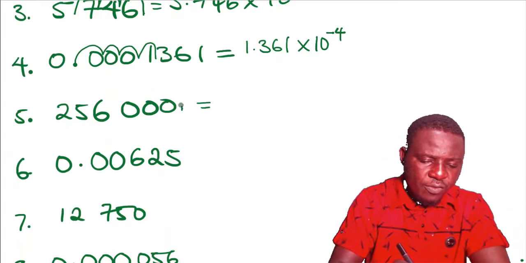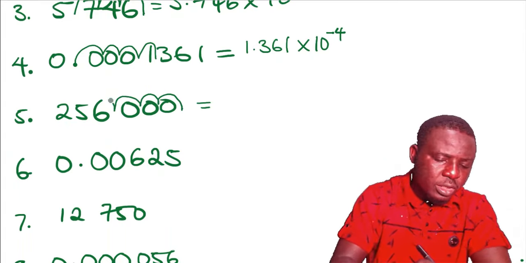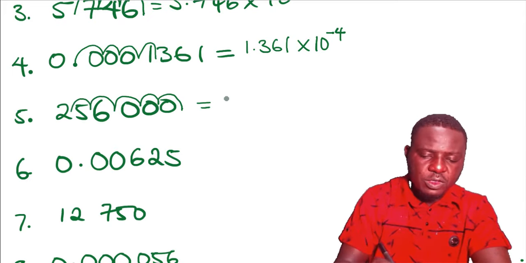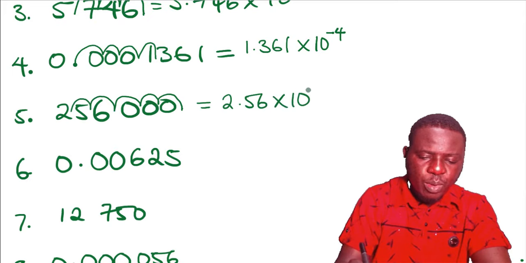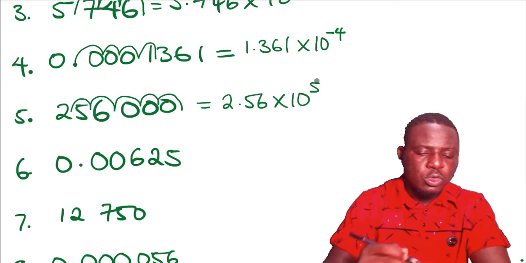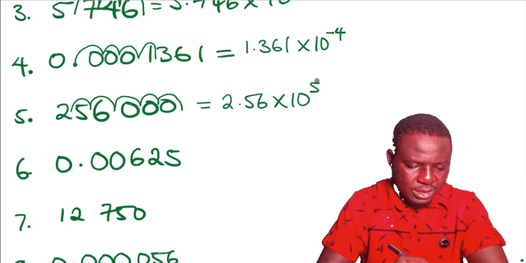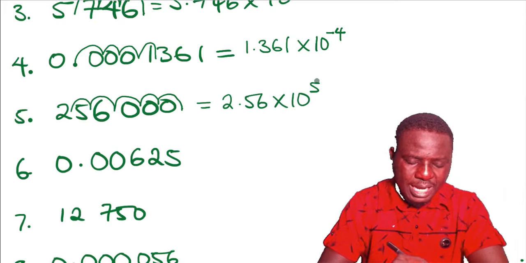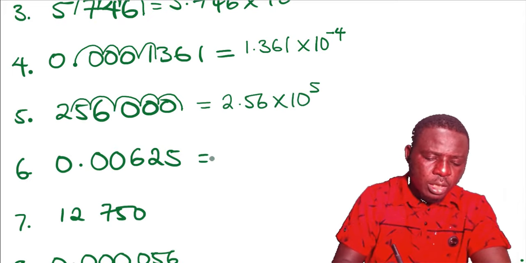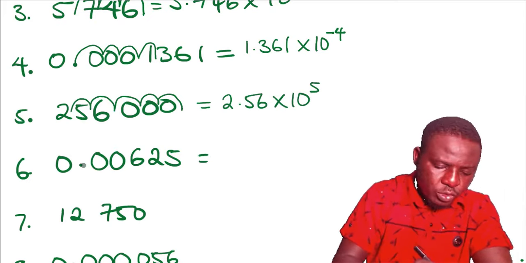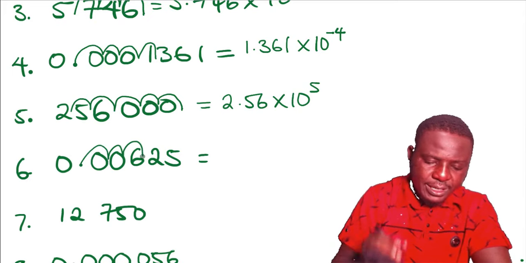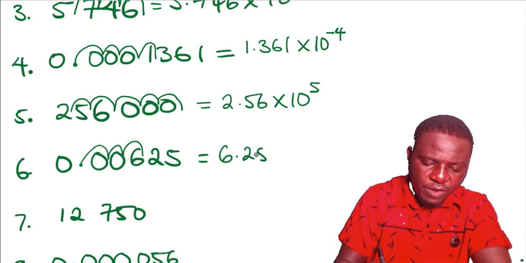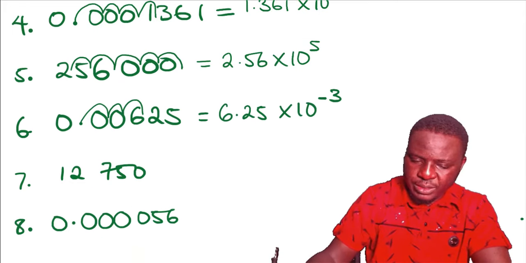Moving it, we have 1, 2, 3, 4, 5. So this becomes 2.56 times 10 raised to the power of positive 5, because it is moved towards the left, I beg your pardon. Question 6, this is going to be 1, 2, 3. So we have it to be 6.25 times 10 raised to the power of minus 3 for the same reason.